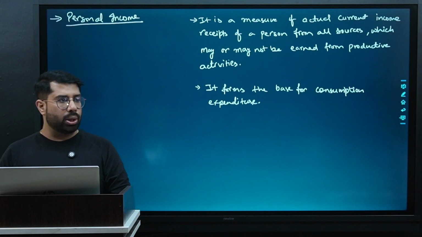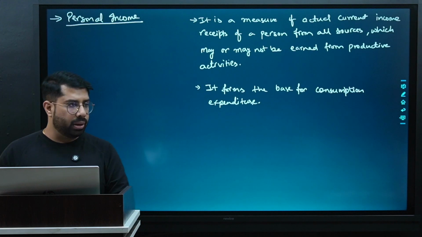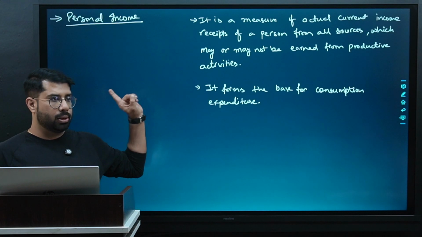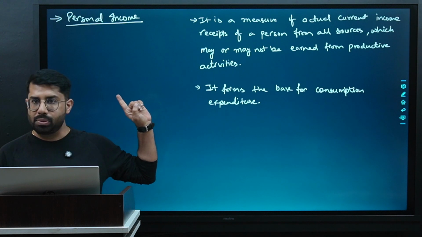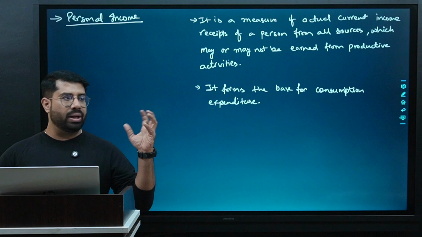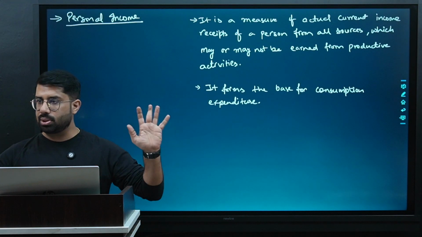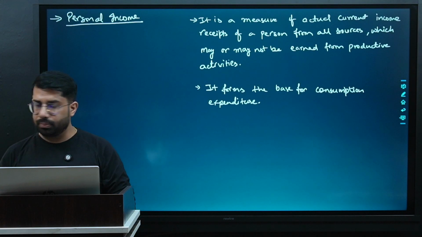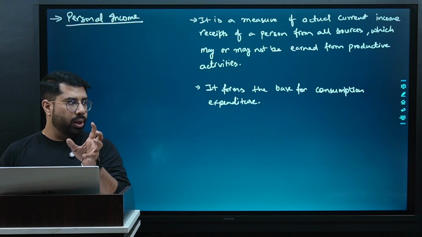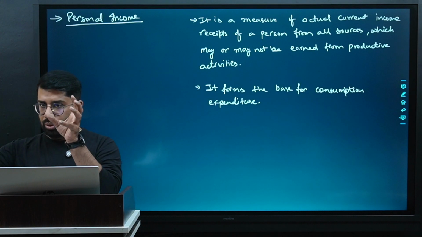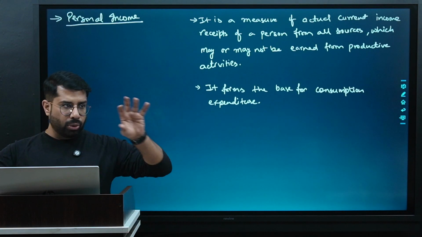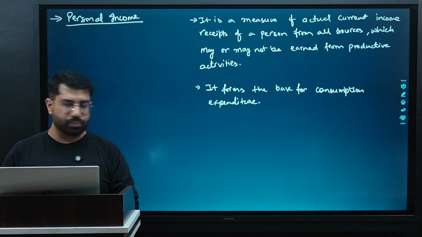It means the actual consumption expenditure, the actual money we spend on consumption, is a part of personal income. As a person, whatever money I have received or earned, despite the sources, from that money only, I will spare some amount for consuming goods and services, and the rest of the amount will go to saving. Are we clear?